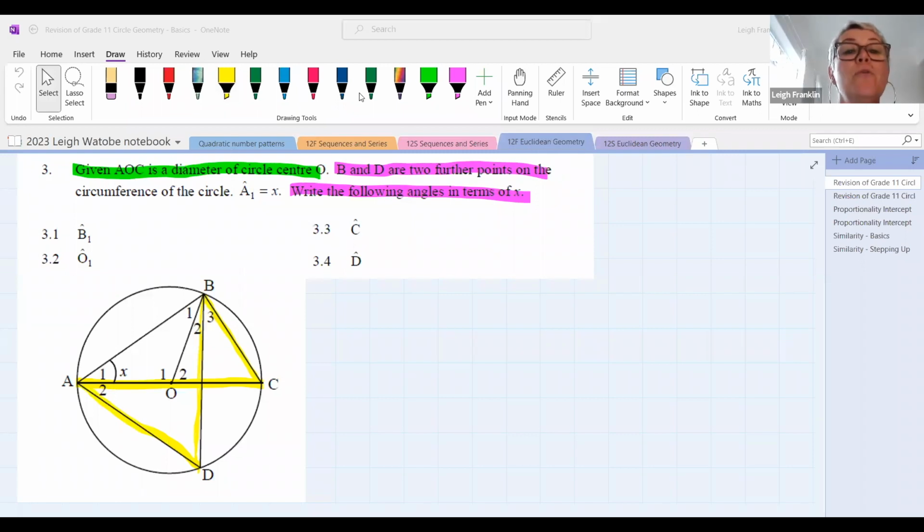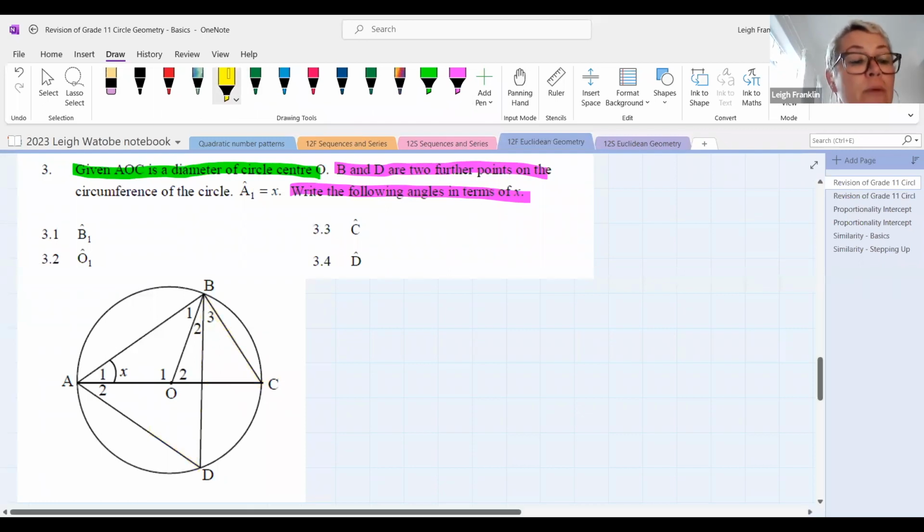Before I took those 2 questions, someone asked, is OC also a radius? And the answer is yes, it most certainly is. I was pointing out that OA and OB were equal to one another because they were both radii. What I'm trying to draw your attention to here, grade 12s, is the fact that OBA is a triangle.